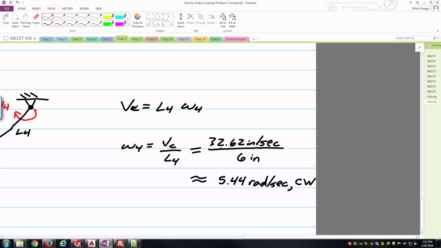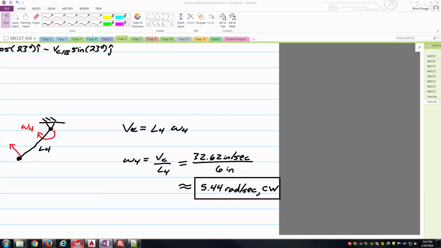And so 5.44 radians per second, just to give you a feel, we can convert that pretty easily to degrees per second. What would you have? 180 degrees divided by pi radians. So I'll take this value on my calculator and multiply by 180 divided by pi. It ends up right around 311.5 degrees per second, going clockwise, which would be another way to put the results here.